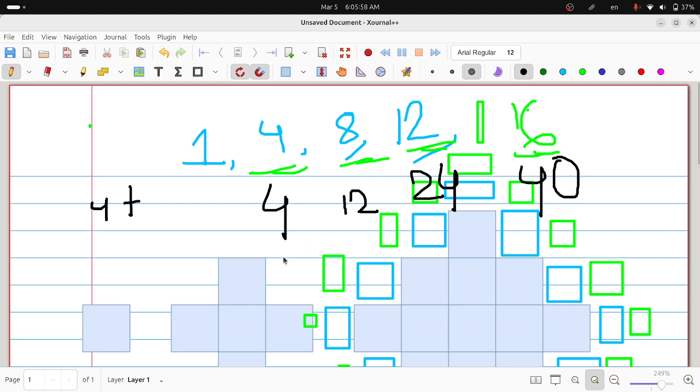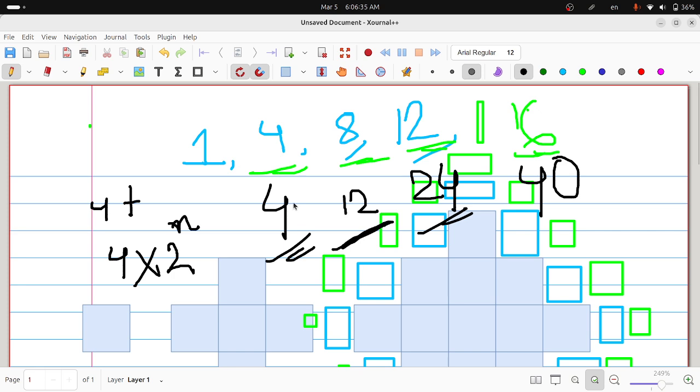Now, do I see a pattern? 1 times 4 is 4, 2 times 4 is not 12 definitely, 3 times 4 is not 24, so 4 into something, let's say 4 into 2 to the power n maybe.